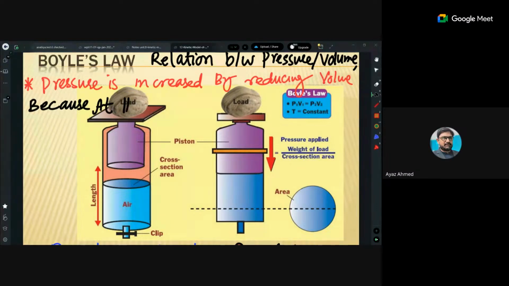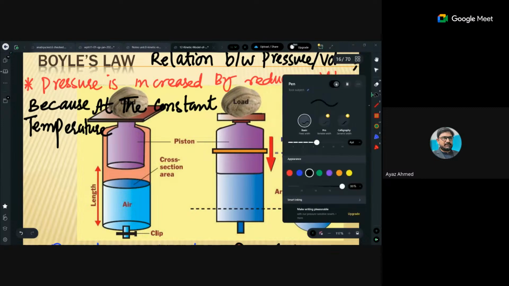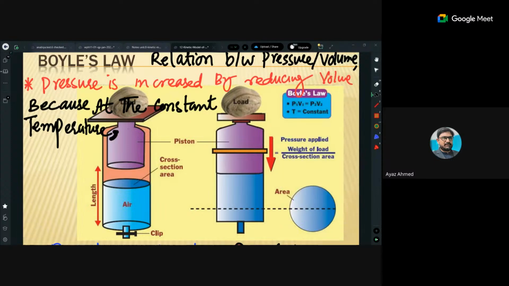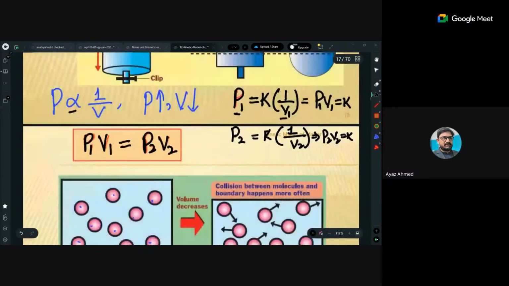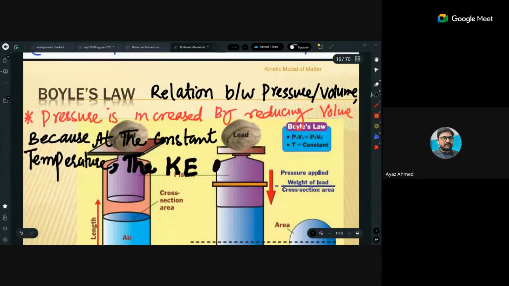At constant temperature, which color would be more visible here? Okay, at constant temperature, the kinetic energy of the molecules will not change.